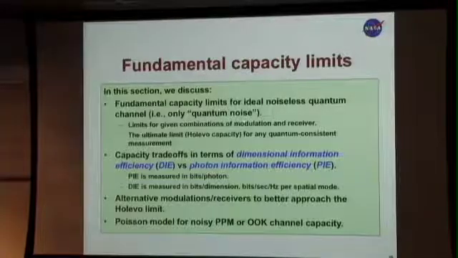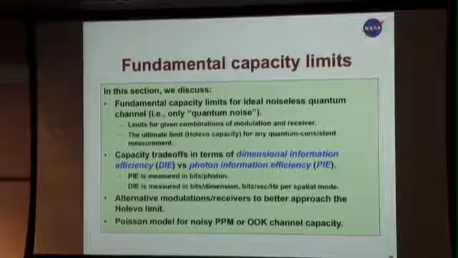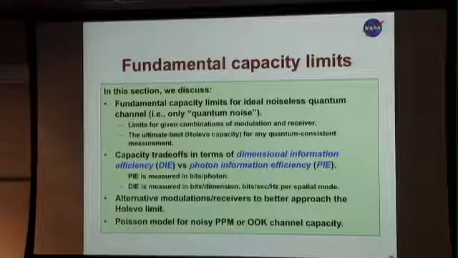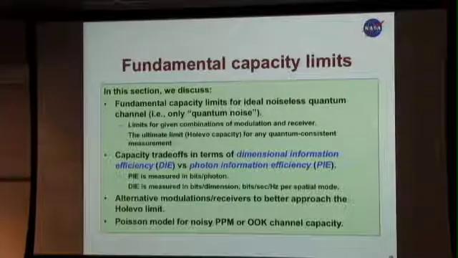This is very nice and not easy, but it's now well known after a number of people have calculated what the capacity is for a pure loss system, which is really only affected by the inherent uncertainty in quantum measurements. What I call quantum noise. So throw away all the background noise, throw away anything that has to do with the atmosphere.